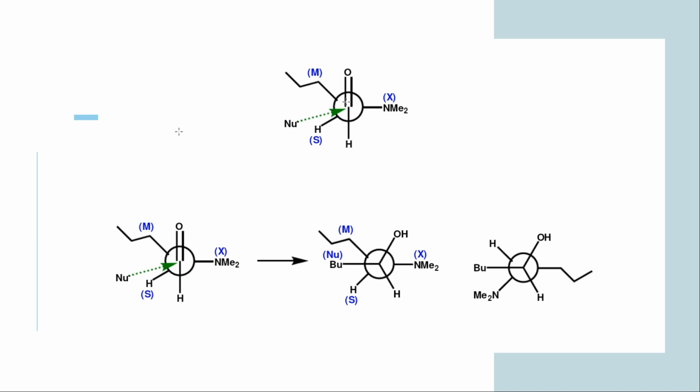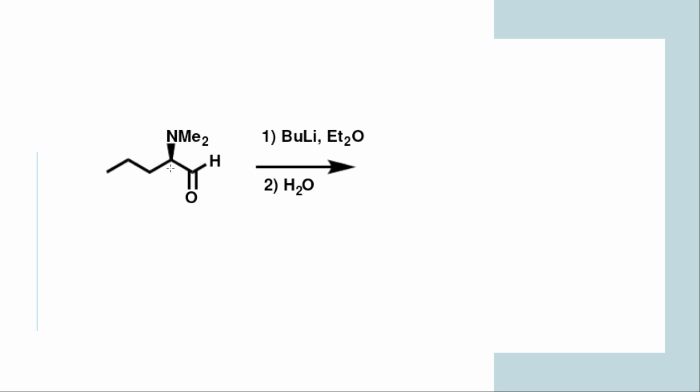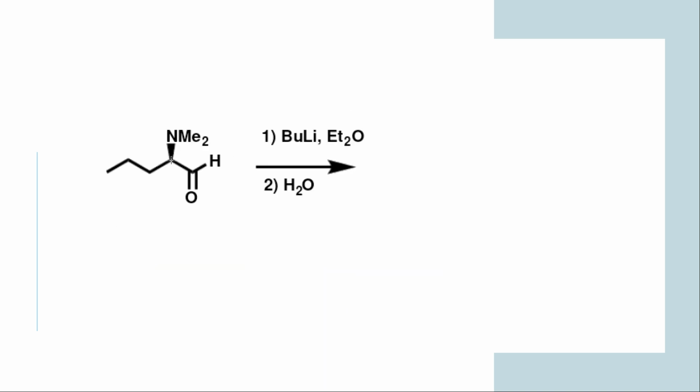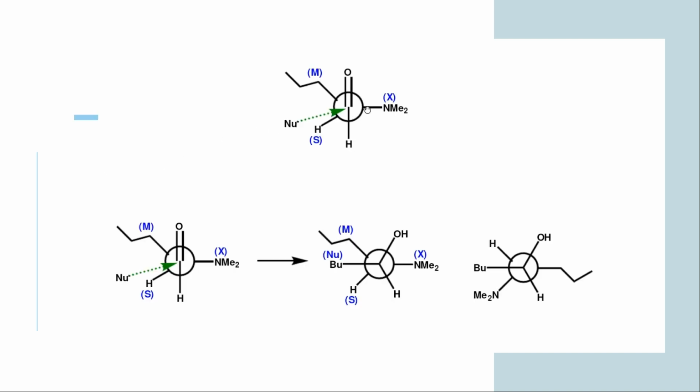Now accordingly we will arrange the other substituents. You have a proton here which will be below the screen, and you have this propyl group also. We have placed the proton on the opposite face of this NMe2. After arranging, now you have to figure out from which side the incoming nucleophile will attack the carbonyl carbon.